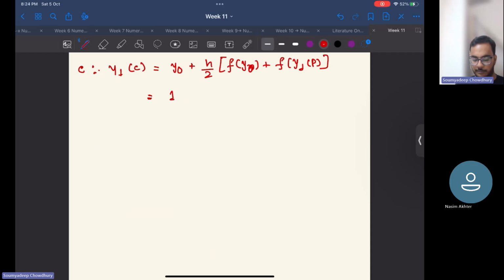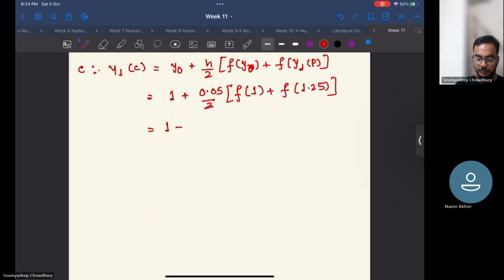Y0 is 1 plus 0.05 by 2, f of y0 is 5y, so 5, plus 6.25, right?